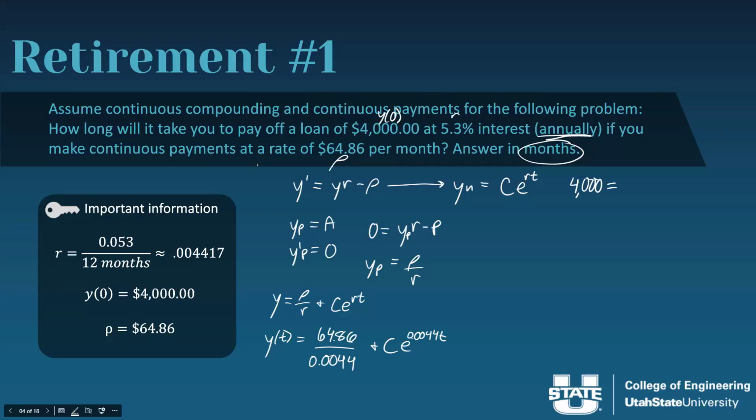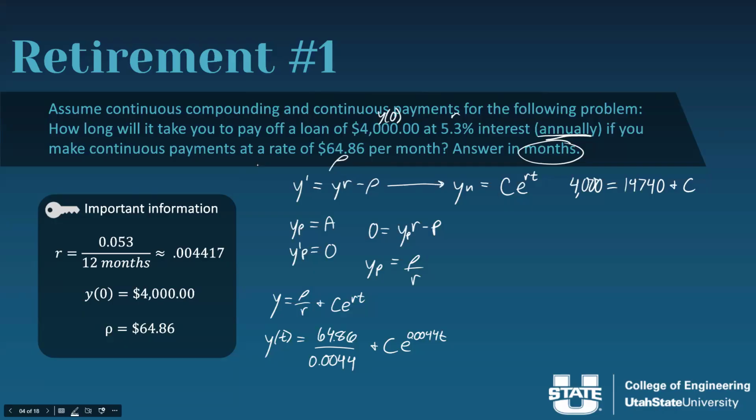$4,000 we have, does anyone know what the 64.86 over our interest rate is? Okay, awesome. Thank you. Plus our C, and then the e goes away at our initial condition being 0.